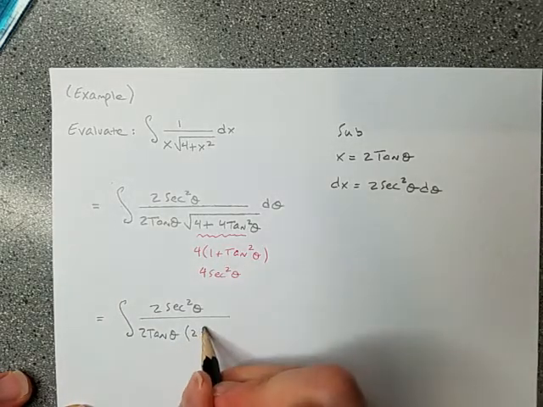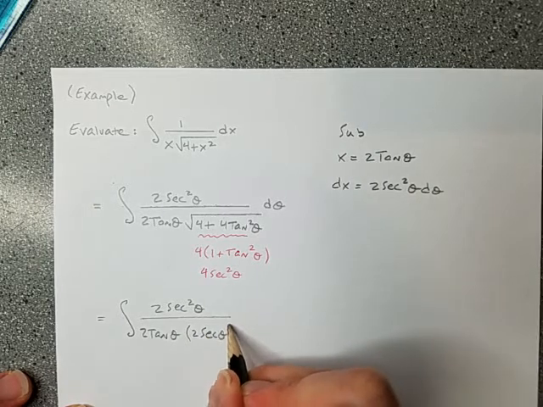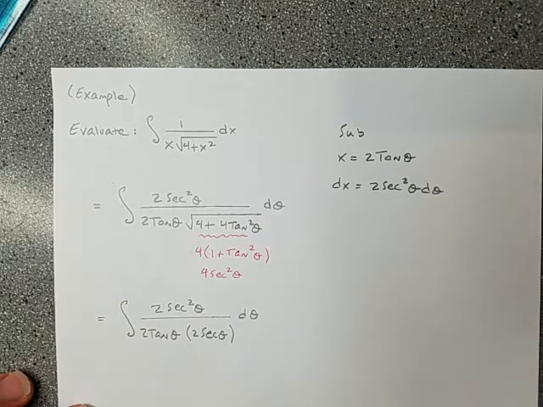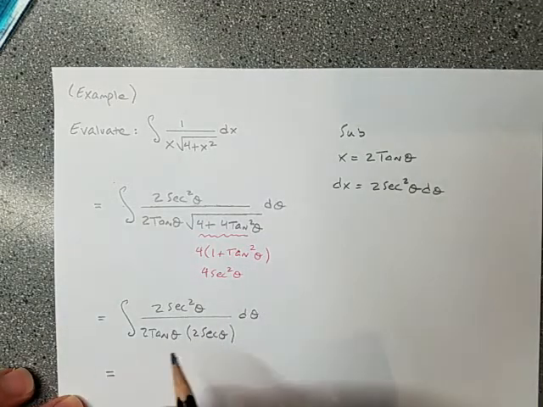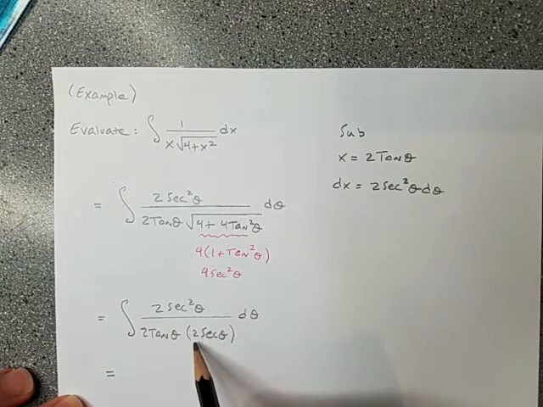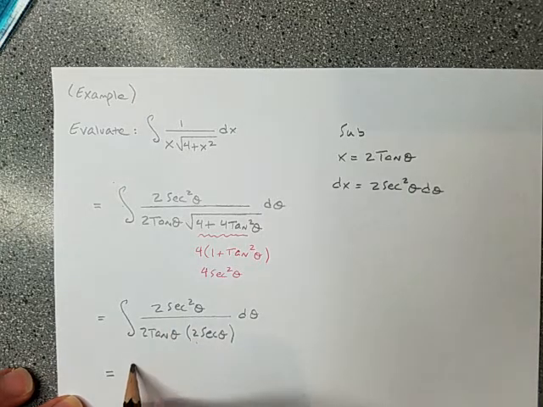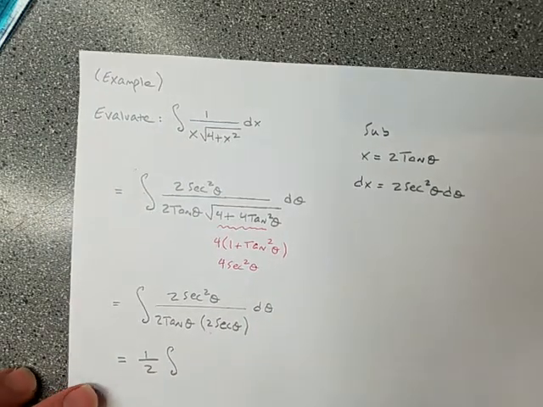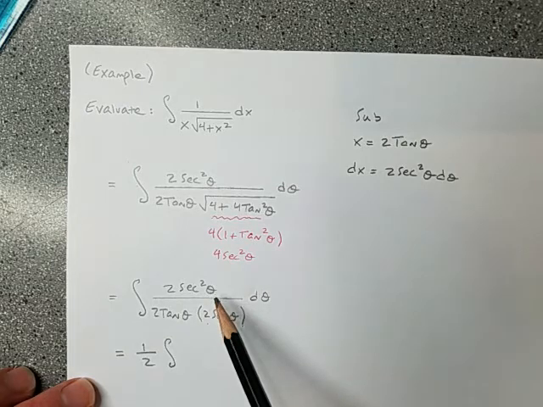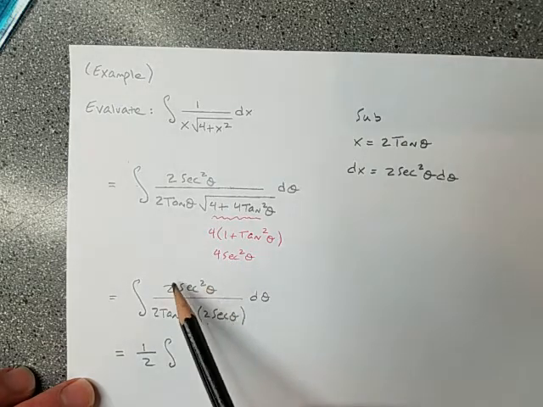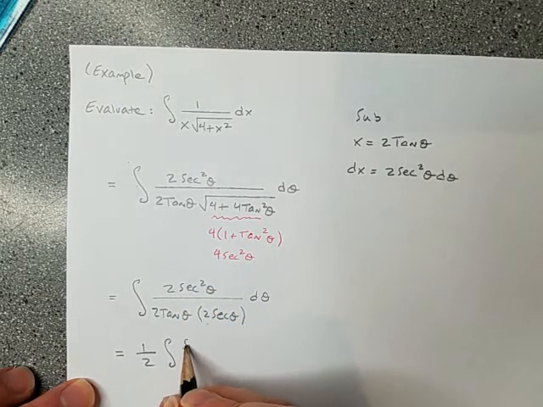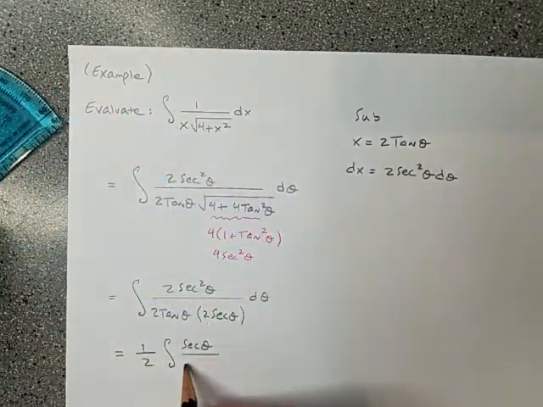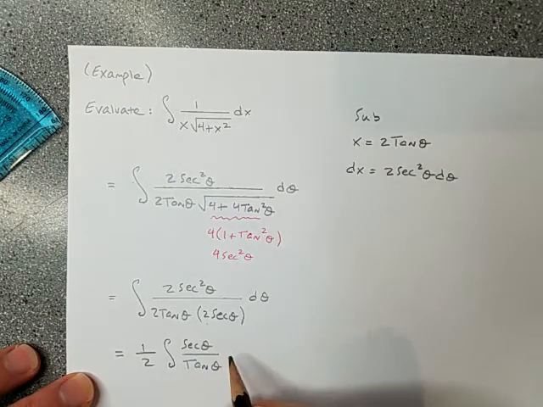Root secant squared, secant. Okay, so now we're looking at that. So let's see. If I cancel one pair of 2's, I'm left with that one. So that's going to give me a 1/2, which I would prefer to just remove altogether. I could cancel the secants, and that will leave me a secant on top. So let's say that I'm left with a secant on top, and beneath it I have tangent. So I think that does take care of everything.